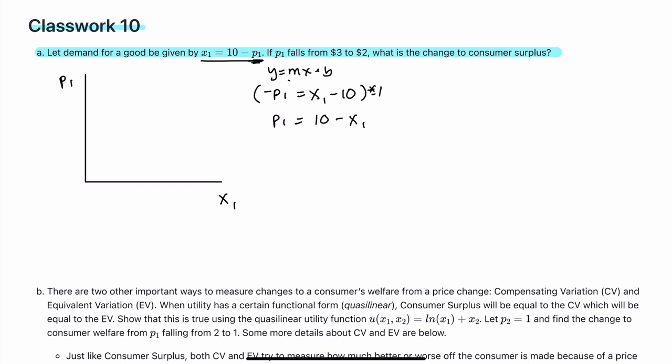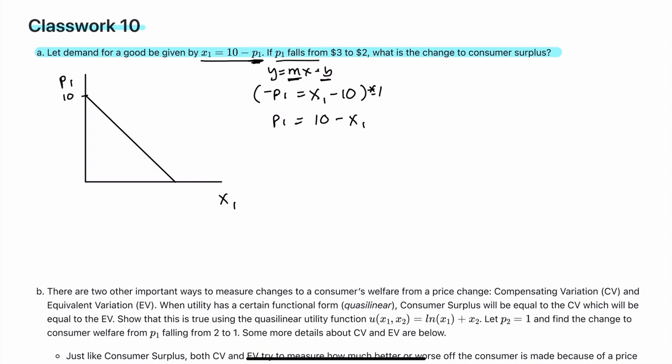So I have a slope of negative 1, and a y-intercept of 10. My demand curve will look something like this. Okay, all right, so that's my demand curve. I'll label this, we know this y-intercept is 10.